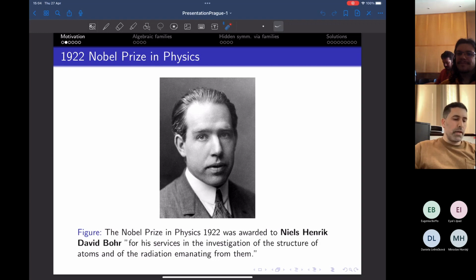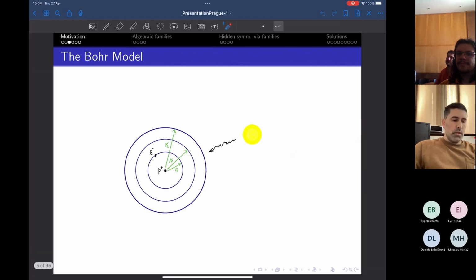Let me remind you, I'm sure that most of you are familiar with this, the Bohr model for the atom, which explains quite well this discrete pattern that we see. So a hydrogen atom consists of one proton, and it is circled by one electron. One is charged positively, the other negatively. There is an attractive force between them.